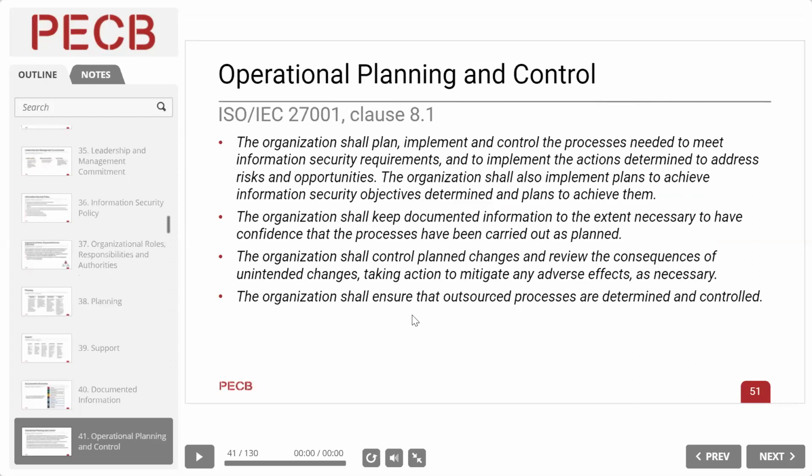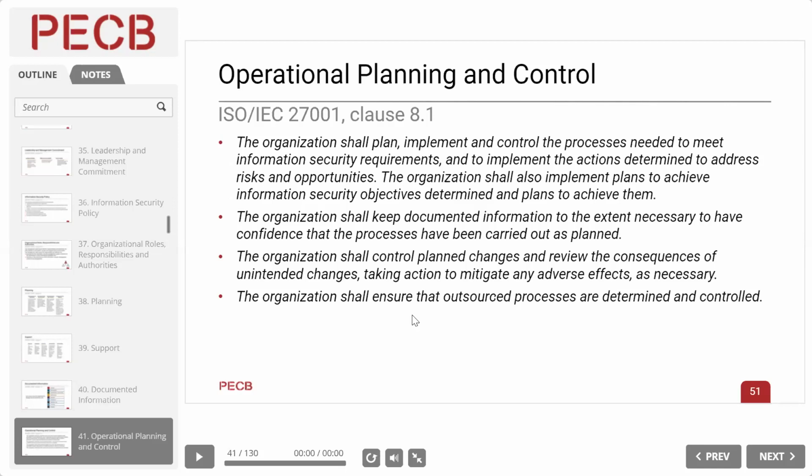Clause 8.1 describes the operational planning and control requirements of the ISMS. The organization shall plan, implement, and control the processes needed to meet information security requirements and to implement the actions determined to address risks and opportunities.